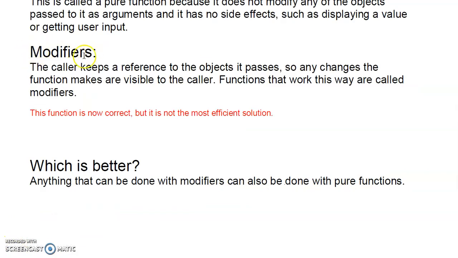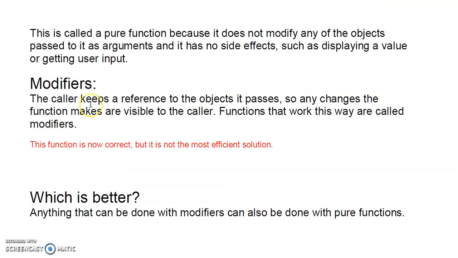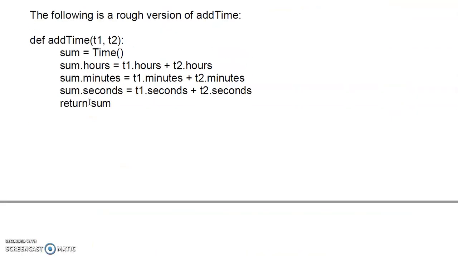Next is modifiers. The callers keep a reference to the objects they pass, so any changes the function makes are visible to the caller. Functions that work this way are called modifiers. In a pure function, whatever it receives will not be changed. You create a new object, the changes are in the new one, and we return that result.